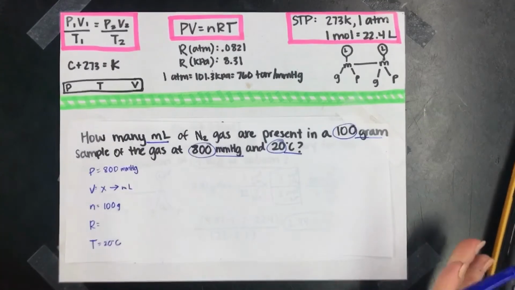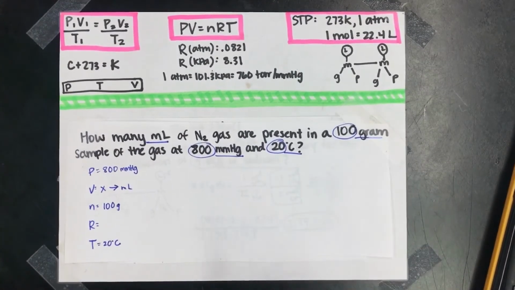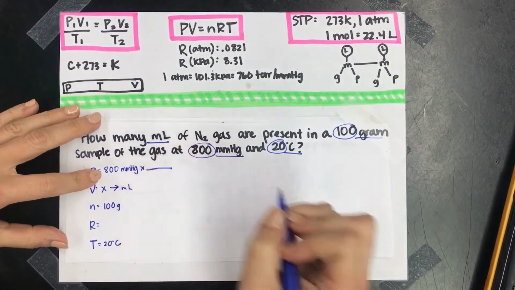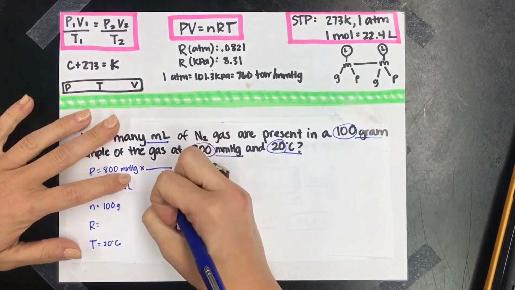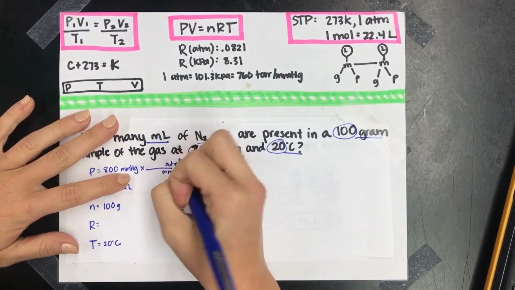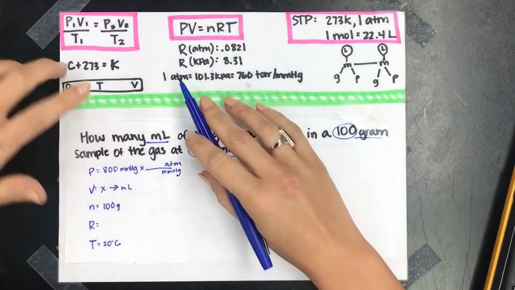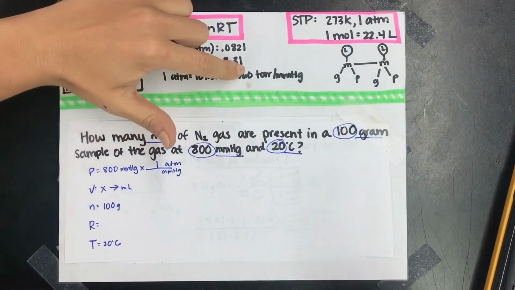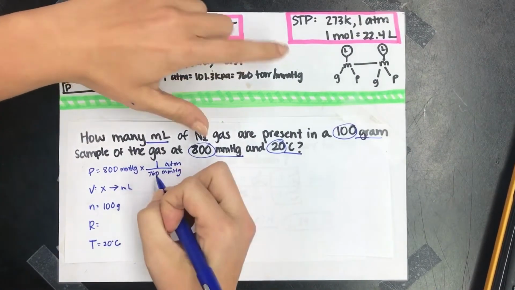Again, I don't care which one you convert to. I think it's easiest to convert to atm. If you have millimeter mercury and you want to convert, you're trying to get rid of this unit. It needs to go on bottom to cancel. On top is the unit you want. In this case, let's choose atm. For every 1 atm, I have 760 millimeter mercury.